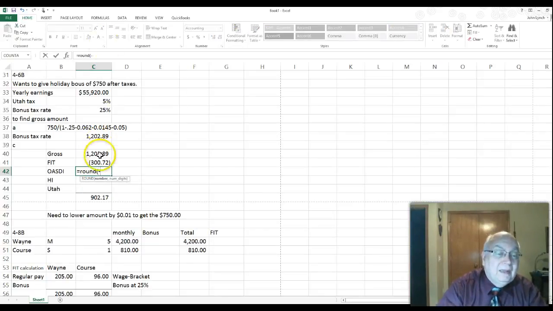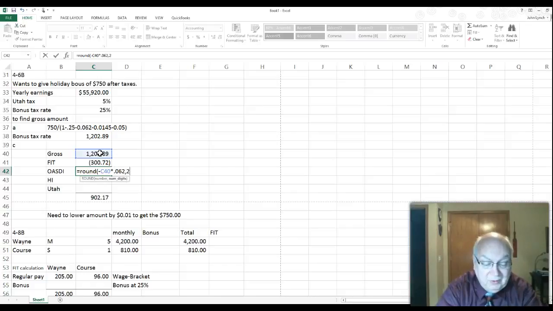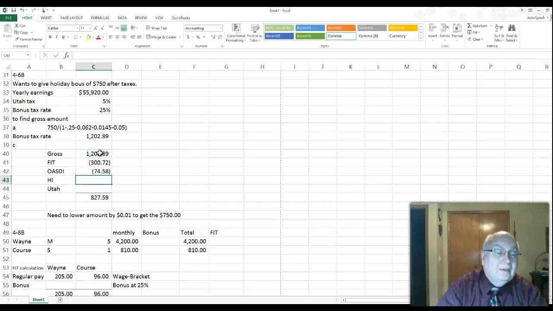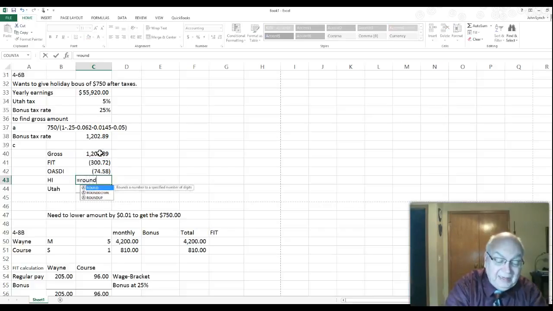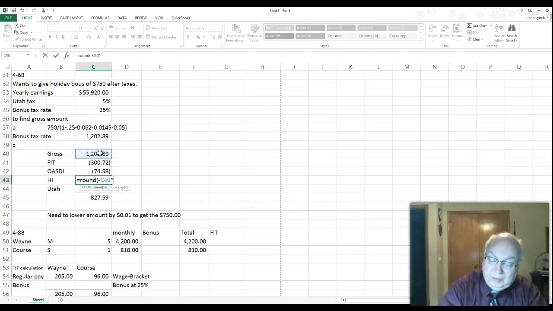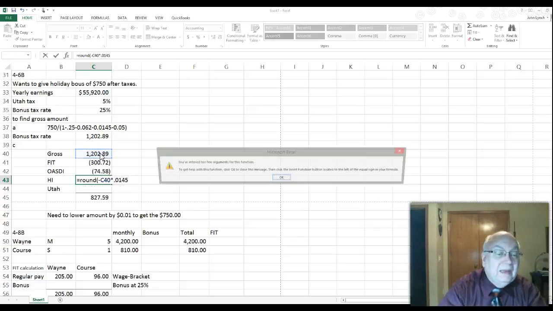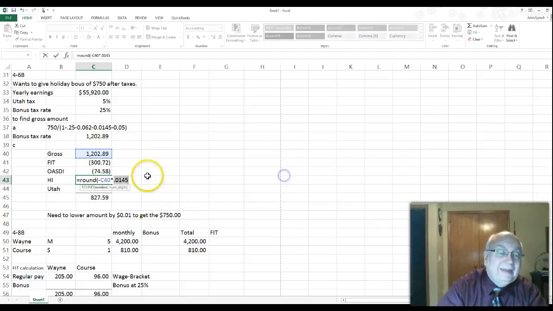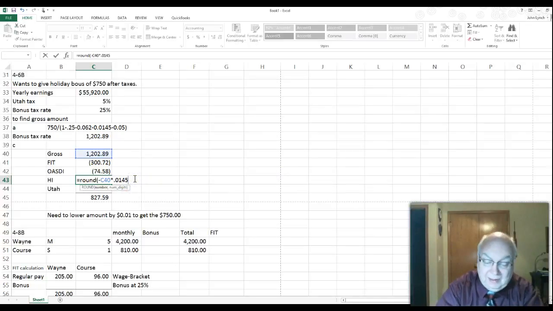Okay, the OASDI times 0.062, comma 2. Okay, and then we have equal round for the HI times 0.0145, comma 2.